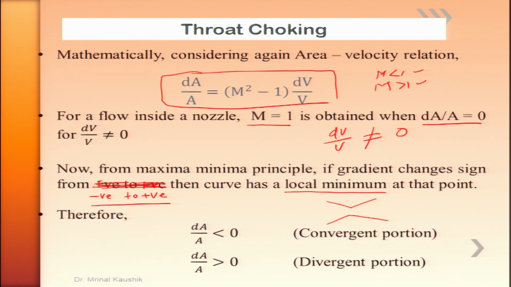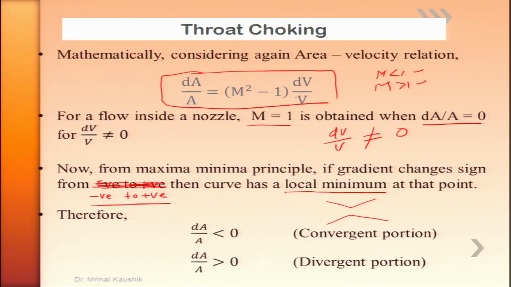What does it mean? What can we comment about this condition, that dA by A for Mach 1 is 0, that is, the fractional change in area is 0? To understand this, since we are only having one equation, there is no provision of taking the second derivative. In doing so, let us apply the maxima minima first principle.